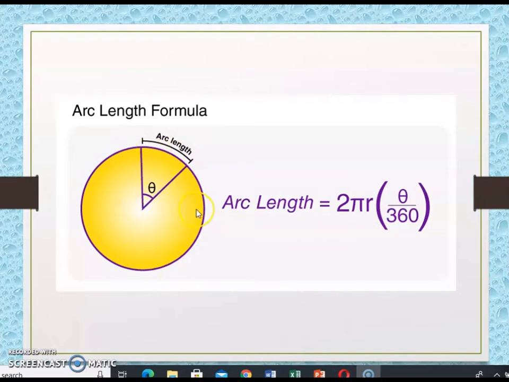So for a semicircle, the arc length will be 180 by 360 into 2 pi r. That is 2 pi r by 2. And for a quadrant, it will be 90 by 360 into 2 pi r. So similarly, you can substitute whatever angle is given to you and find out the arc length.